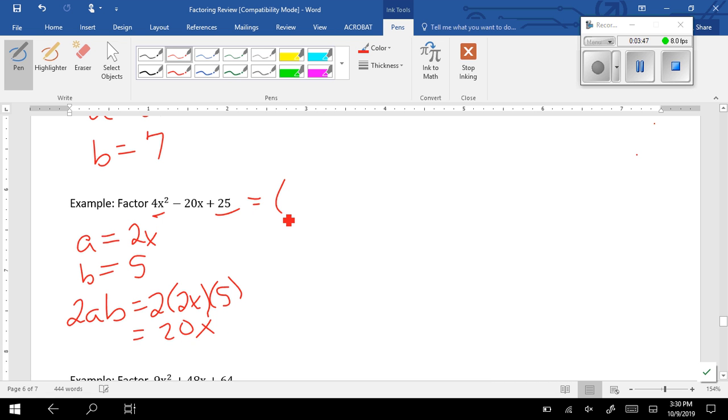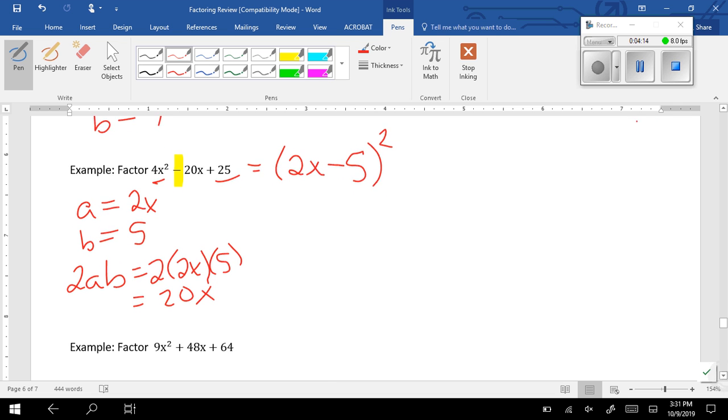So this is going to be a, and because this is minus, this is going to be minus 5, squared. Again, I could go through the whole process, but I don't want to. I want to just use my pattern if at all possible. There we go. Okay, looking at the next one.